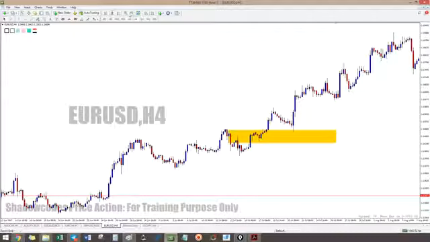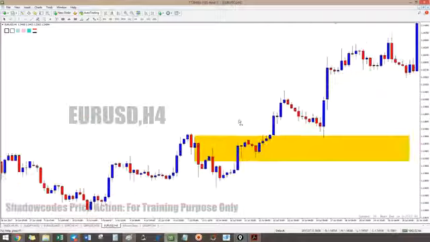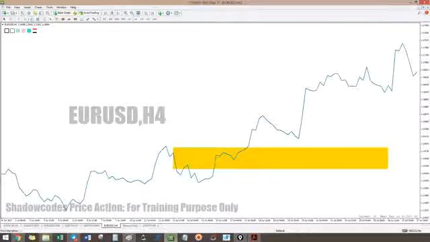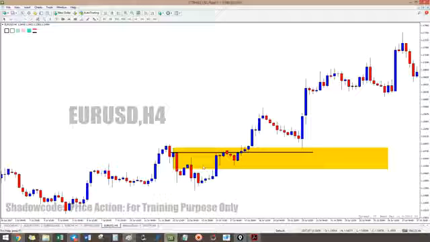Alright, this is our drop base drop. If we change it to RBS, it will look like this. This is our RBS. This is our drop base drop, and then it eventually breaks.